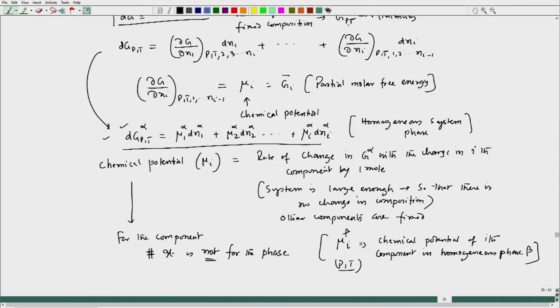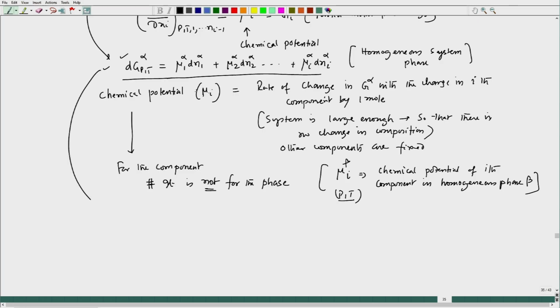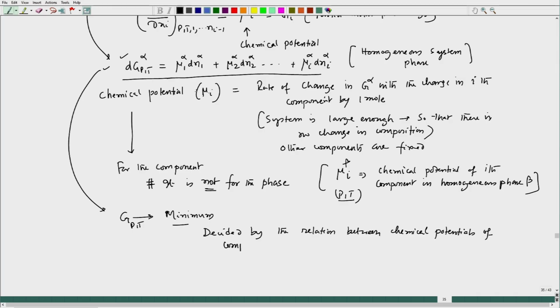So, for the equilibrium, from this equation I can write that G goes to minimum, and since it is at constant P and T, it will be decided by the relation between chemical potentials of components in the system.